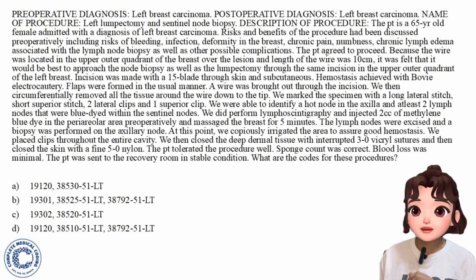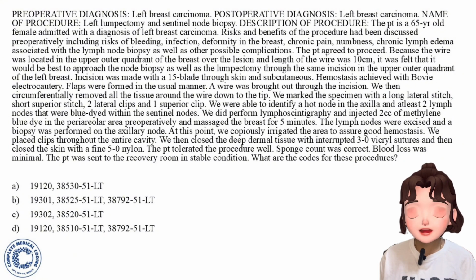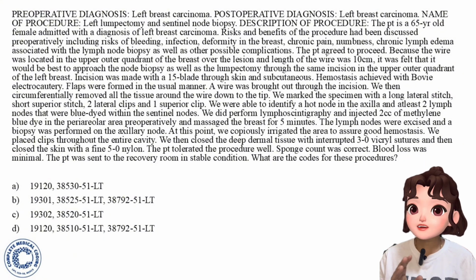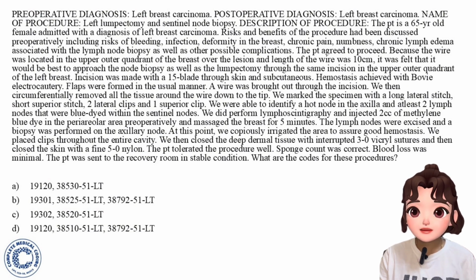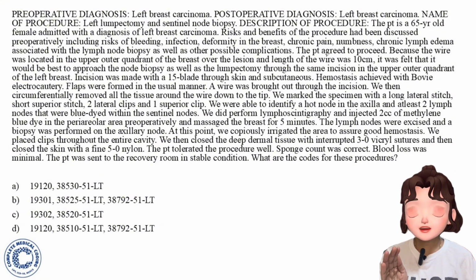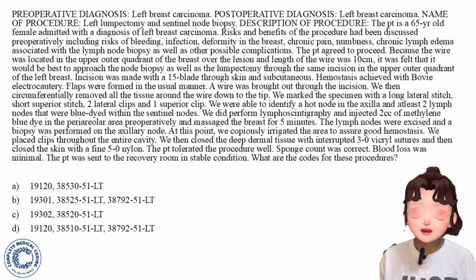Now I took almost 10 minutes because I was explaining, but within 2 or 3 minutes you can simply answer this question because you already found the integumentary CPT code. If you are checking for codes, first you have to sort out which code needs to be found first. By that you can save time.